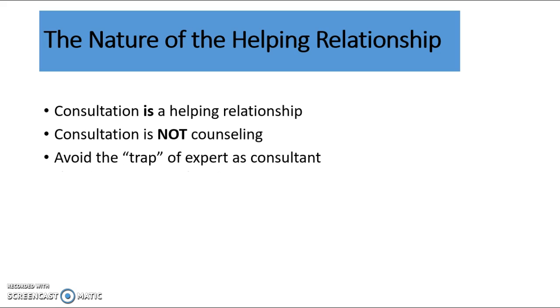We want to be mindful to avoid the trap of being the expert. Again, we're looking at empowering the consultee to build their skills, to build from their experiences, to impact positively more students in their classroom.